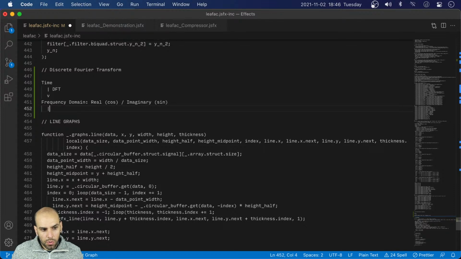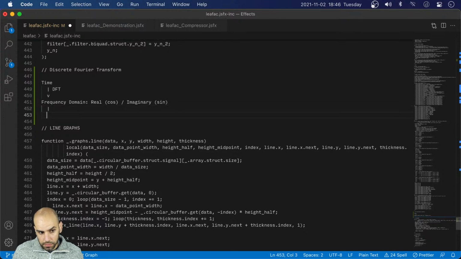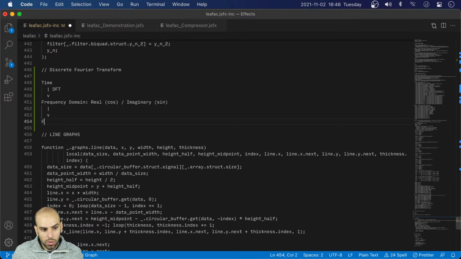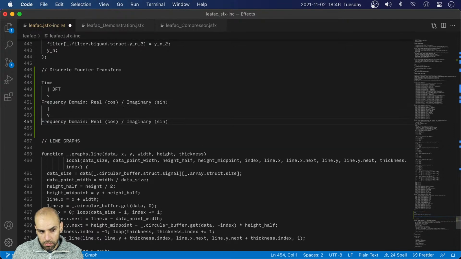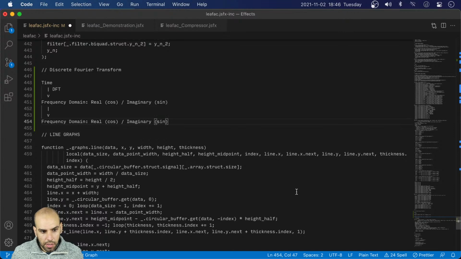And then you have to do this other transformation that will also get you numbers in the frequency domain, but it will be represented in terms of magnitude and phase.